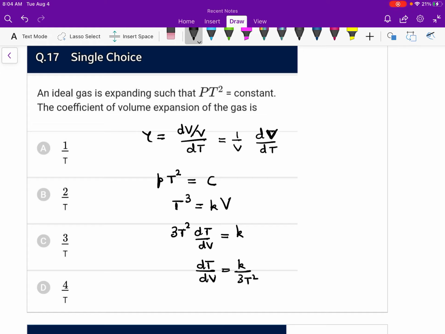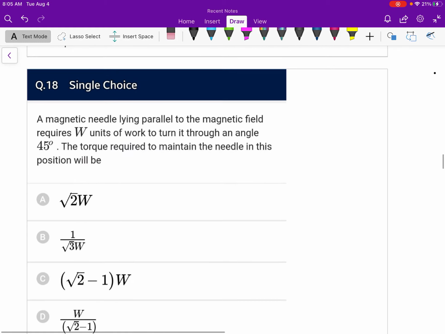All right, so gamma is 1 by V dV by dT. Now 1 by V is K upon T cube and dV by dT is 3T square upon K. So this is 3 upon T. So correct option is 3 upon T.